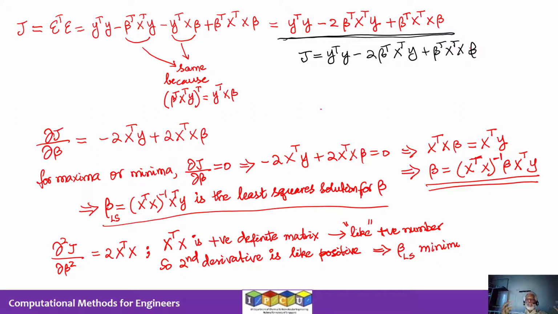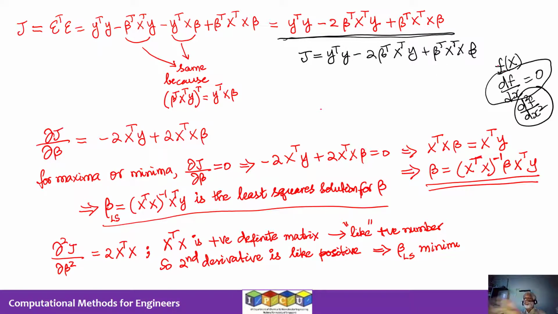We learned in high school that to find out the maxima and minima of functions, let's say we had a function of x, to find out its minima or maxima, we would take df by dx and set it equal to 0. Then we will get some x values, and then what we can do is take the second derivative and look at the sign of the second derivative at the values of x you found by equating the derivative equal to 0.